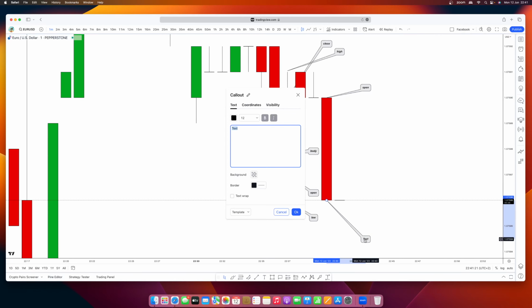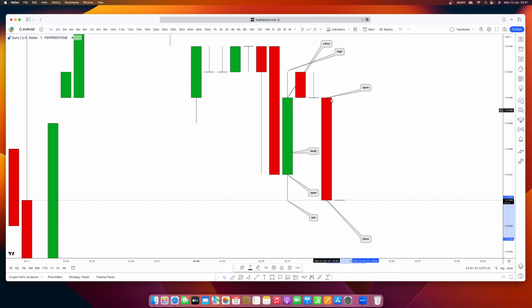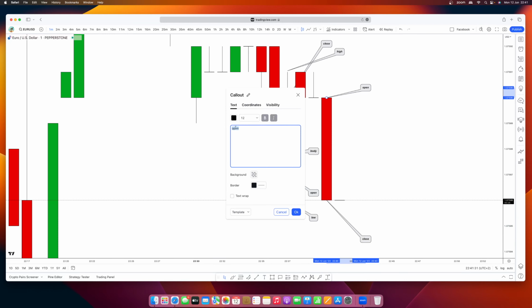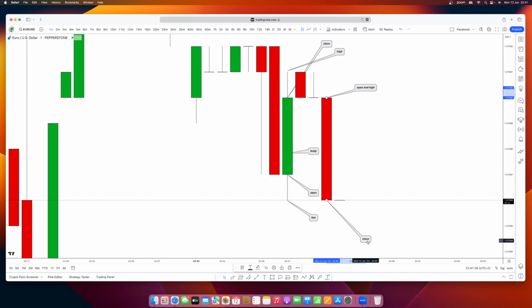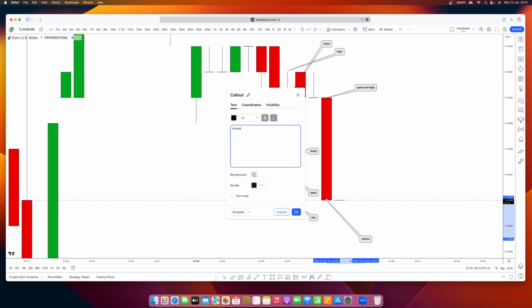So this gave us the close here. But in situations like this where there is no wick, what that means is that the open is the same thing as the high. So I can say open and high. And then this also is low, close and low.